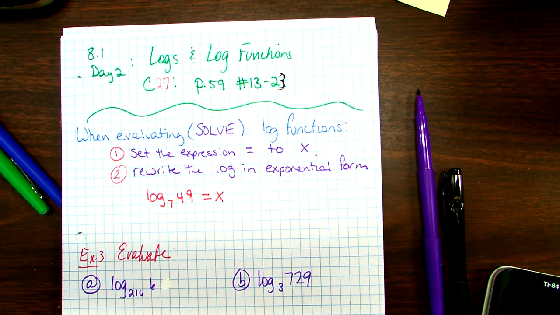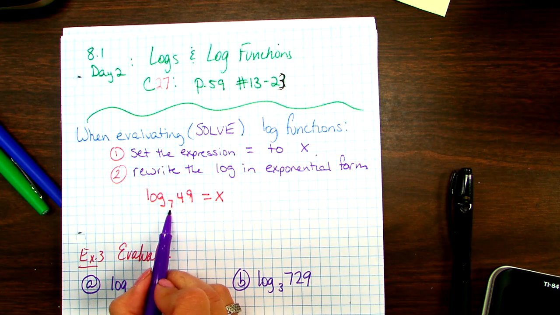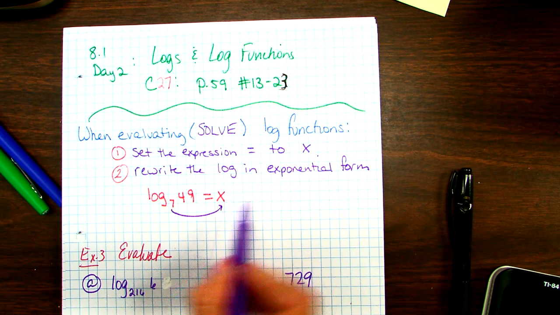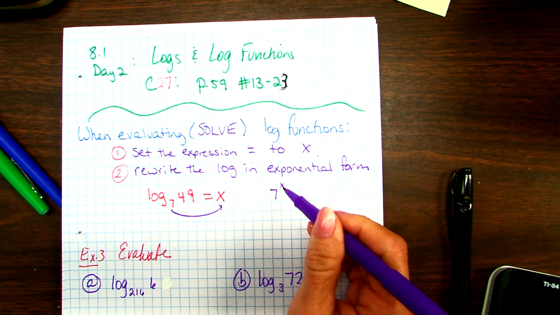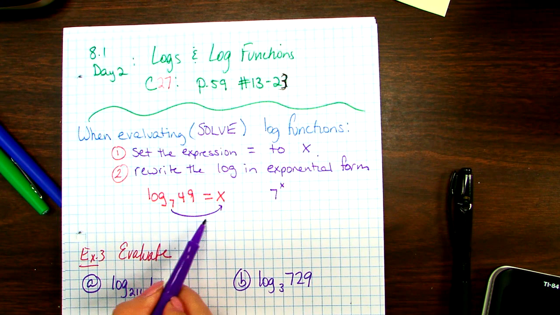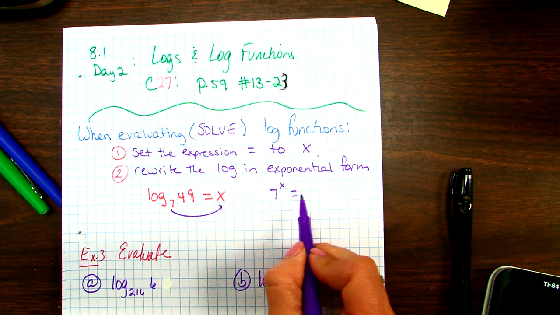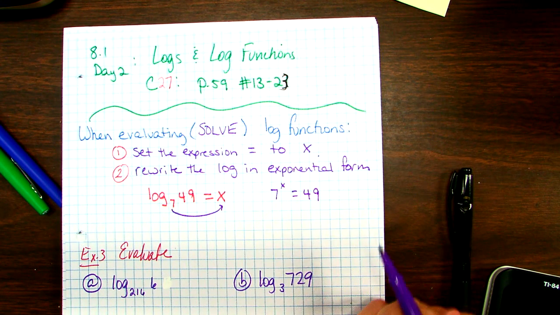To write it in its exponential form, we start with the base to the power of x. Remember, the loner on the other side of the equation is a loner in the equation. So 7 to the power of x equals 49. So that's step 1 in solving log functions. Rewrite your log in exponential form.